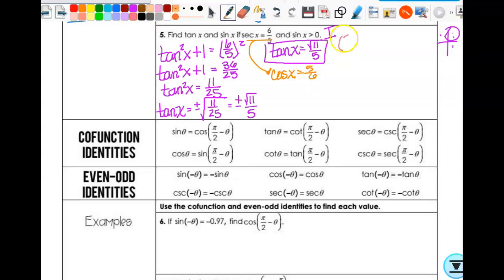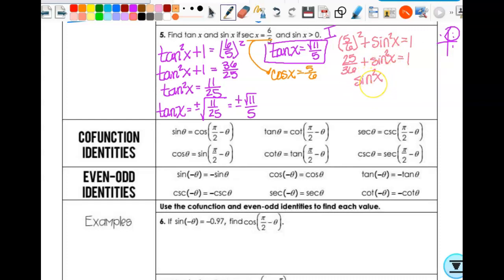Cosine squared, so that would be 5/6 squared plus sine squared equals 1. Right, just using my identity. Then that gives me 25 over 36 plus sine squared x equals 1.